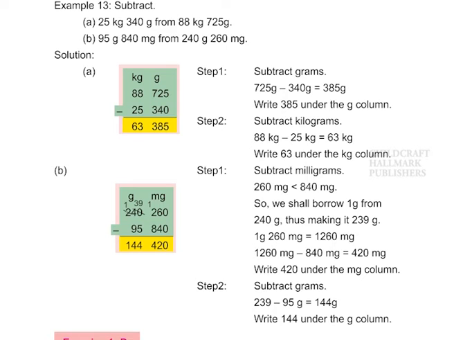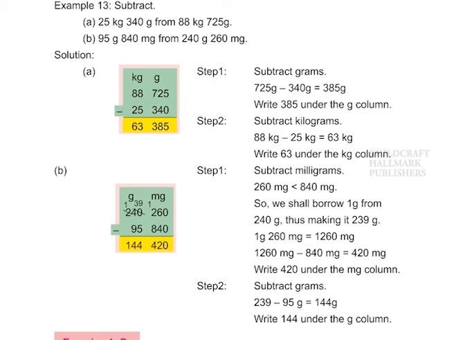Step 1. Subtract milligrams. 260 milligrams is less than 840 milligrams. So, we shall borrow 1 gram from 240 grams, thus making it 239 grams. 1 gram 260 milligrams is equal to 1260 milligrams. 1260 milligrams minus 840 milligrams is equal to 420 milligrams.